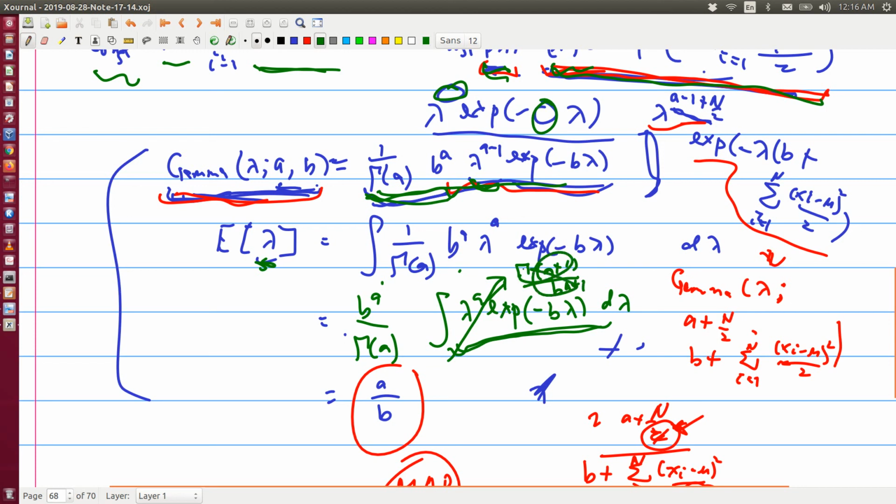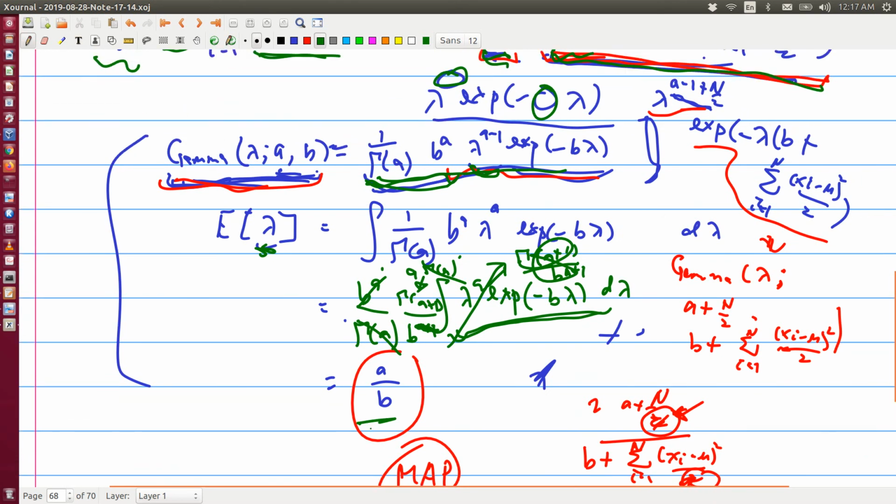So then I cancel this b to the a, and I only have b left in the denominator. And gamma a plus 1 is equal to a times gamma a. So gamma a cancels, and therefore it's just equal to a over b.